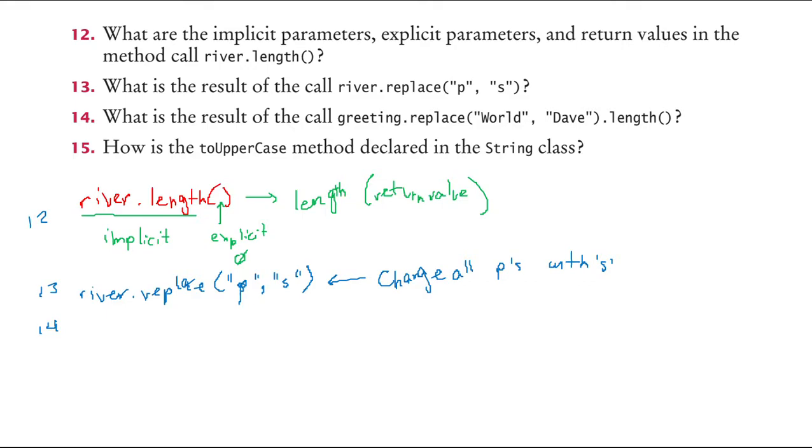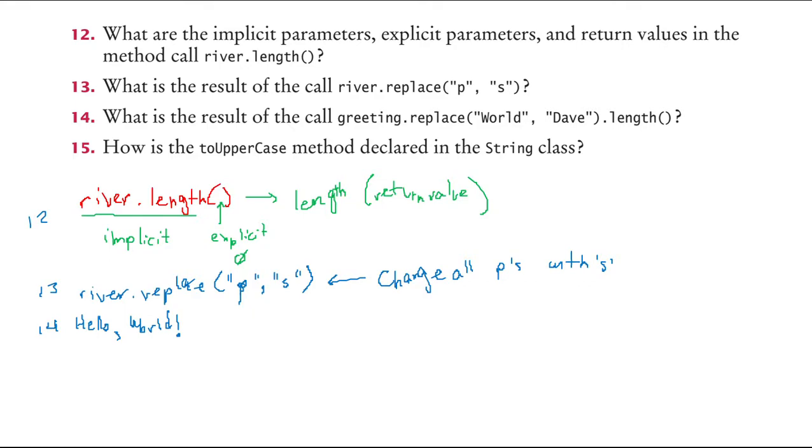What is the result of the call greeting replace world Dave dot length? Oh, this is a very, very funny one. So, usually we had hello world. Whenever we apply the method replace, let me use another color, red would do.